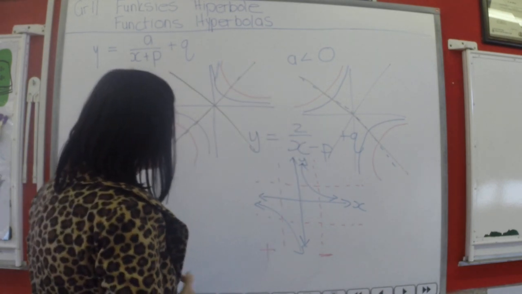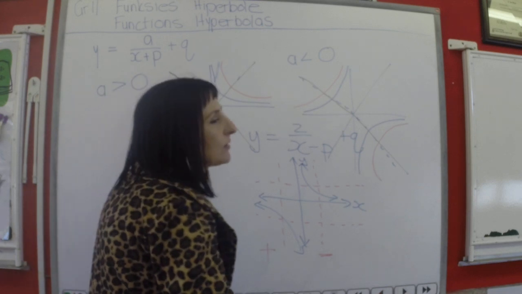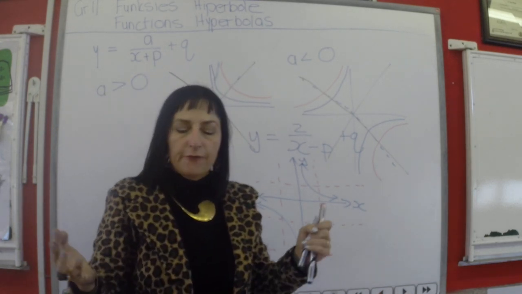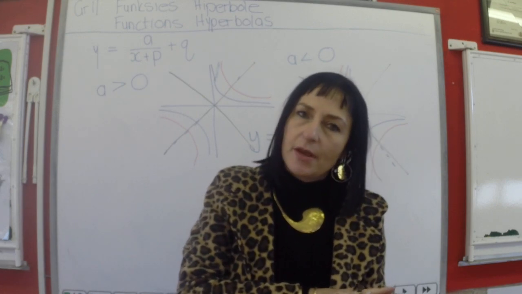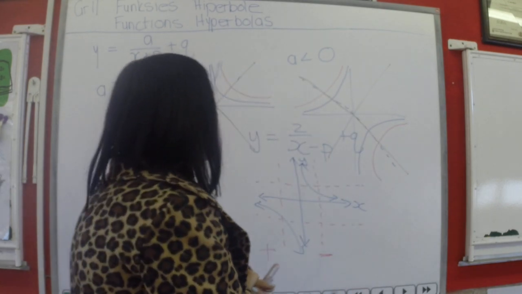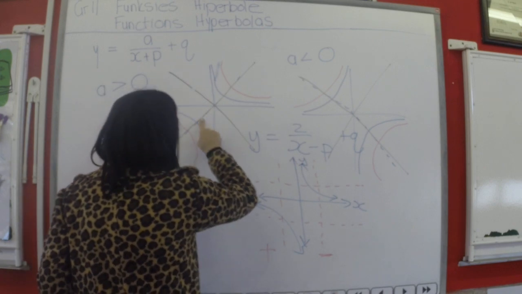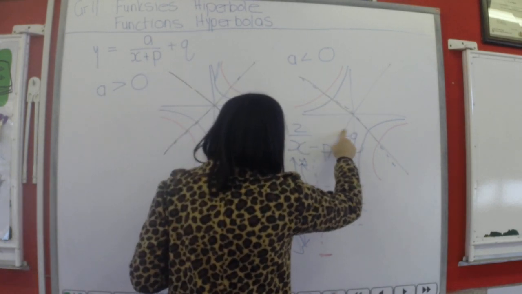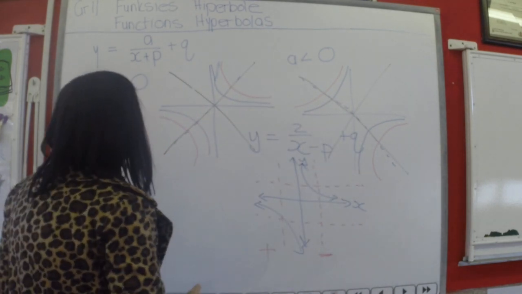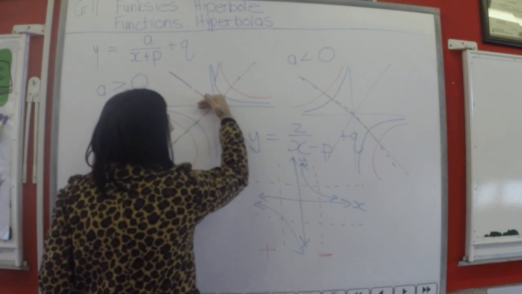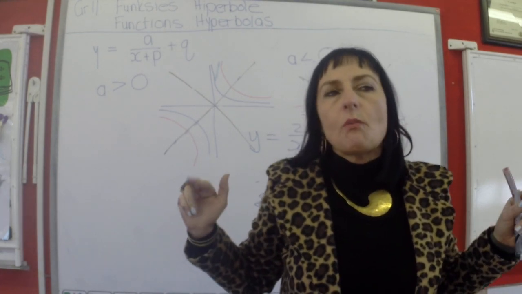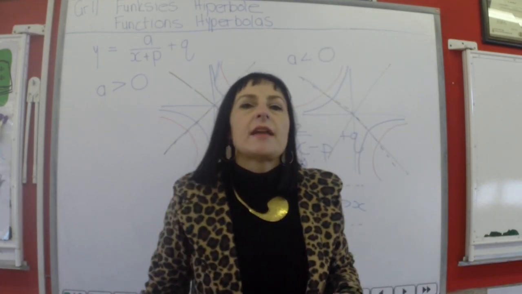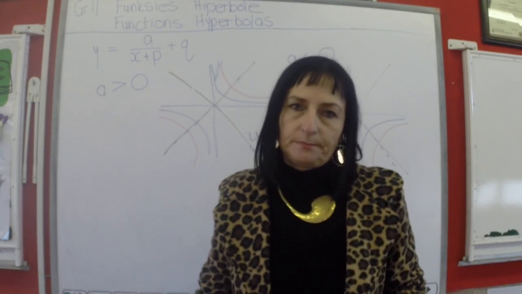The hyperbola got 2 symmetrical axes. That's where I fold my page and where the picture is lying exactly on the other picture on the other side. Ek het 2 simmetriese asse en ek het ook altyd 2 asymptote. Dit is hoekom 'n hiperbool vir my die gecompliseerdste is, want hy het so baie goeters.